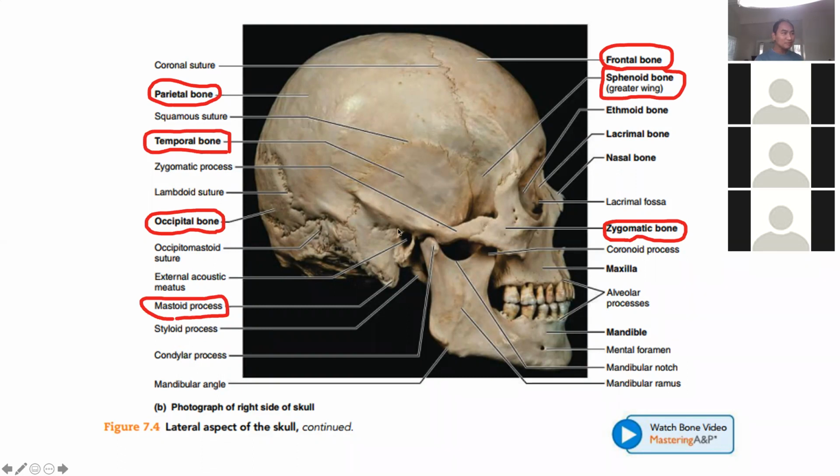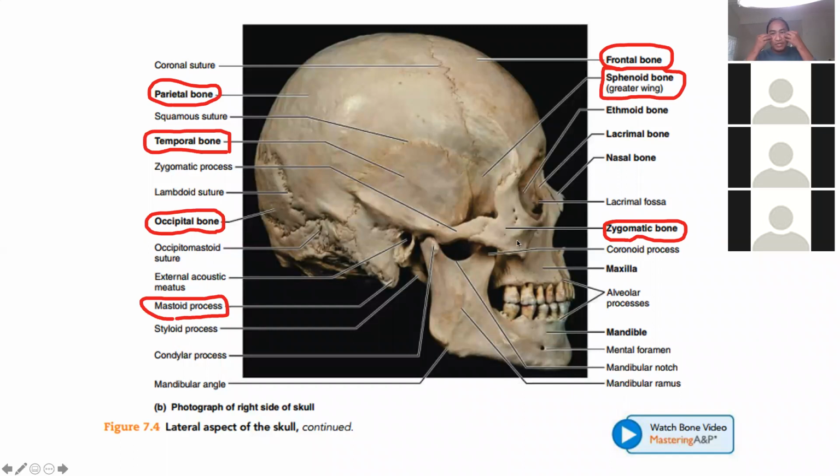Part of the temporal bone is the external acoustic meatus or outer ear. From the temporal bone, there is a process which will come out towards the face. That is what we call zygomatic process, zygoma. And that zygomatic process will form the zygomatic bone.